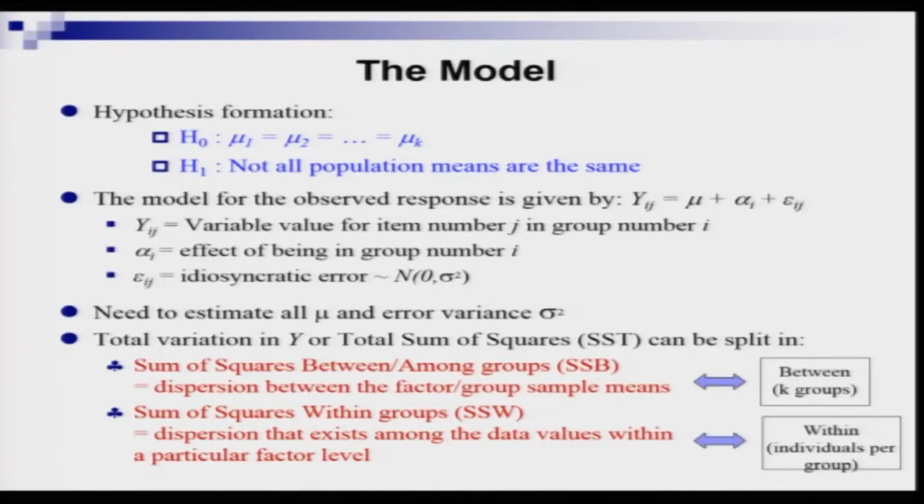Now let us look at one simple diagram and try to have a graphical depiction of the concepts SSB, SSW and SST. I have shown you another diagram in the previous lecture, but let me use an even simpler diagram and see whether it helps you understand the ANOVA identity better.